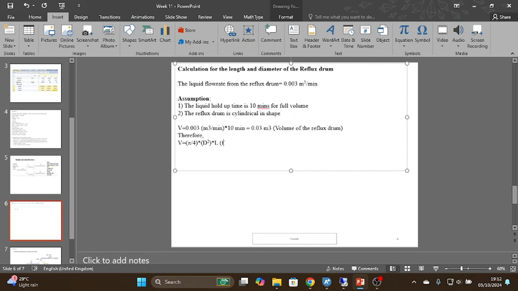This is from the volume of cylinder. Here D and L are the diameter and length of the reflux drum.